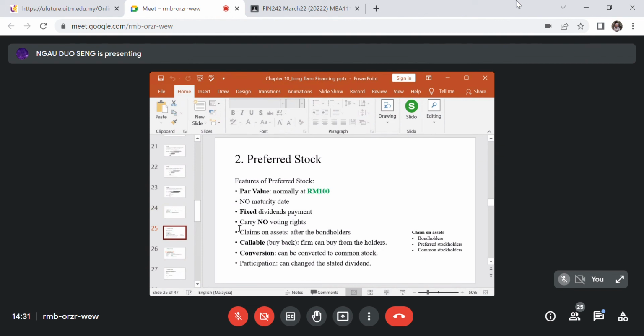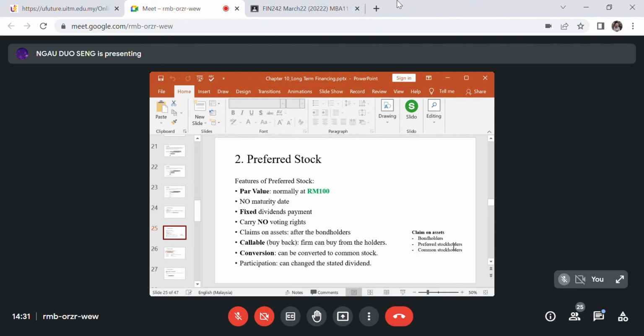So as we know, company normally dia ada banyak asset, contoh tanah, building, kereta, right, atau inventory. So semasa syarikat dalam proses bankruptcy, so bond holders akan claim dulu, right? So dia akan claim kalau masih ada aset, then baru preferred stockholders boleh claim.